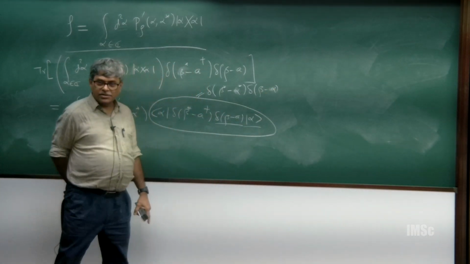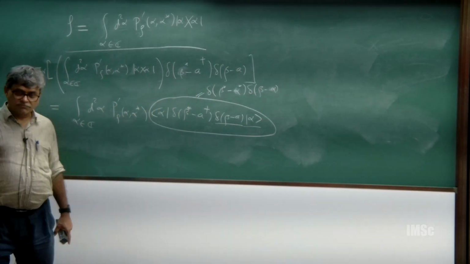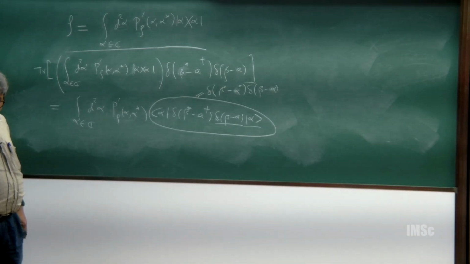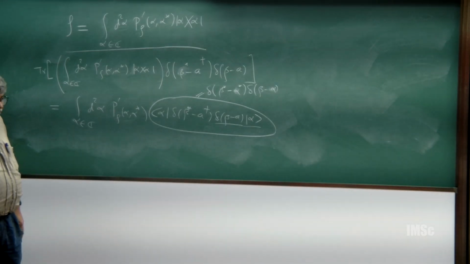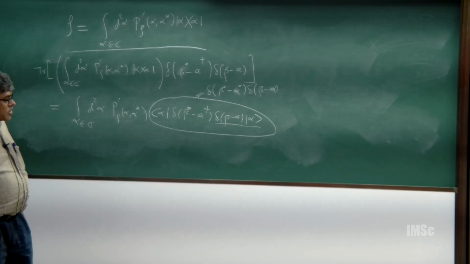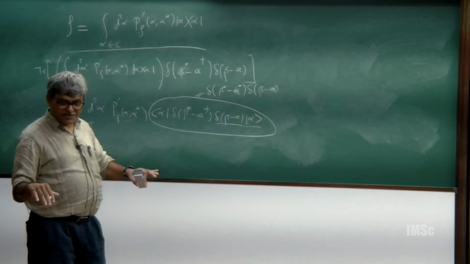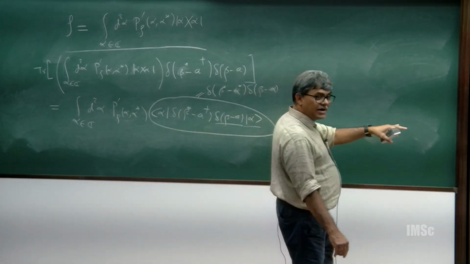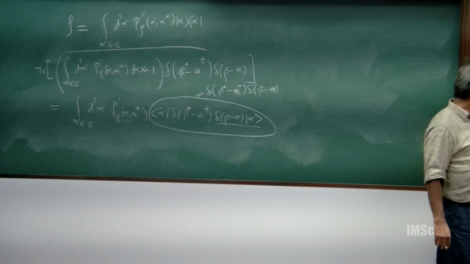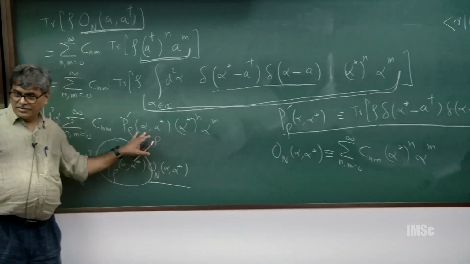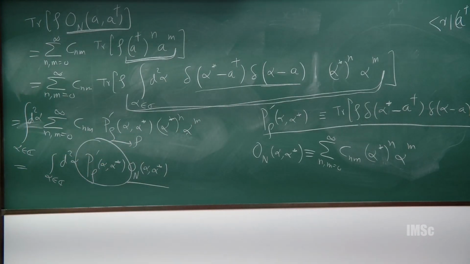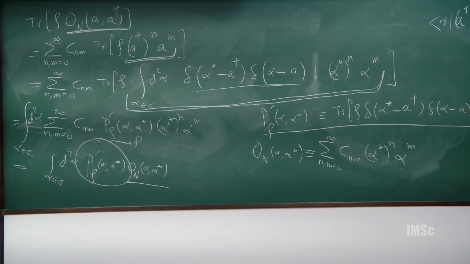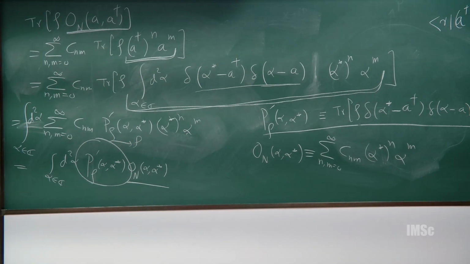Is that correct? So, I have a question. So, in all this calculation, the two delta functions are not redundant in the sense that... No, these are independent operators, independent functions. That is why I am taking p of alpha alpha star. I could have taken just p of alpha, because this is a function of two complex variables.